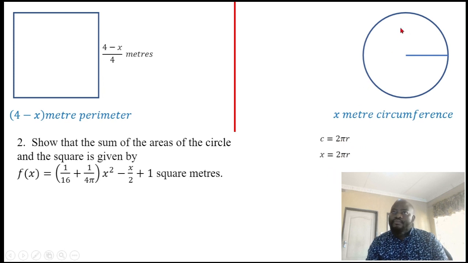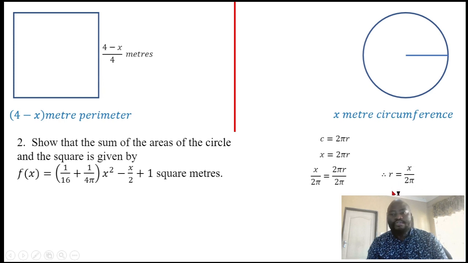Then we know that this was x meters. The whole shape of the circle was made with the wire that is x meters long, so that's the circumference of the circle. We substitute the x in, then we divide both sides by 2 pi, and we get r as x over 2 pi. Then let's also put it up there.